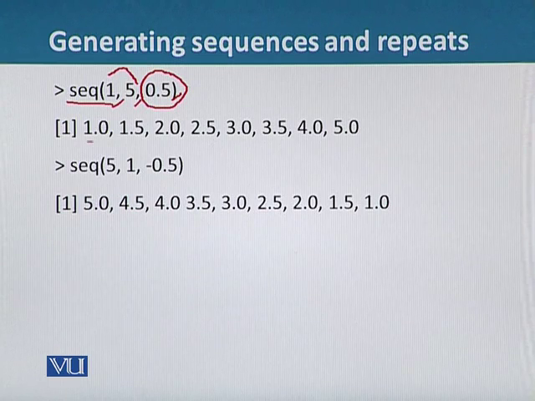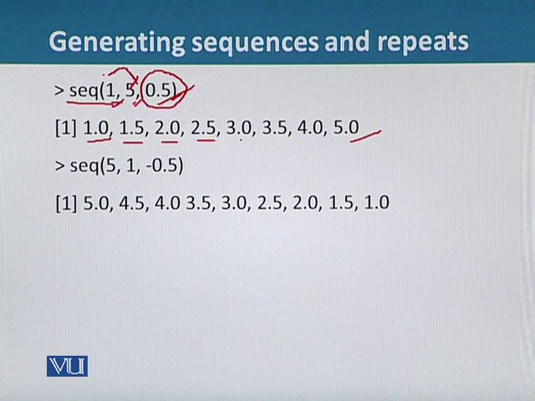The first is 1 because it's starting from 1, and we have given 3 arguments. One is the start number, second is the end number, and the third argument is how much we want to increment the number. So the answer will be 1, 1.5, 2, 2.5, 3, and so on up till it reaches the end of the sequence.